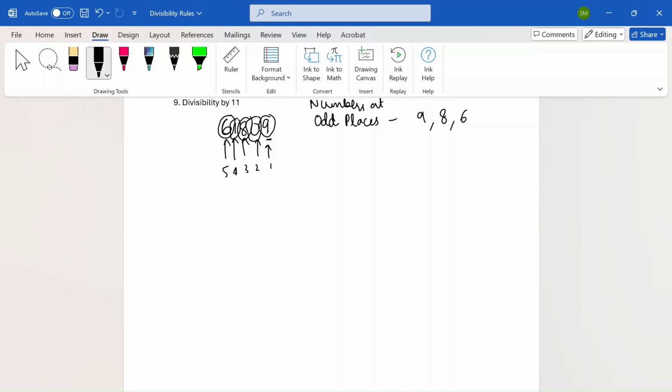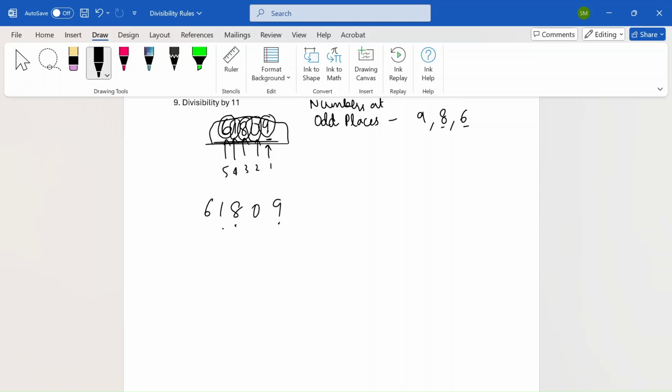Just be careful. These numbers need not be odd or even. Only the places need to be odd or even, right? You see that this is an even number, this is an even number, but the place is odd, right? See, 61809.